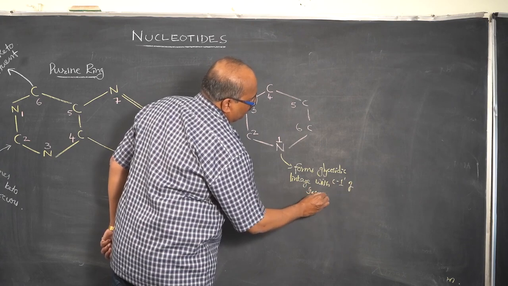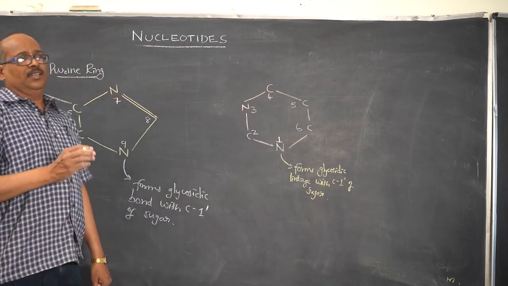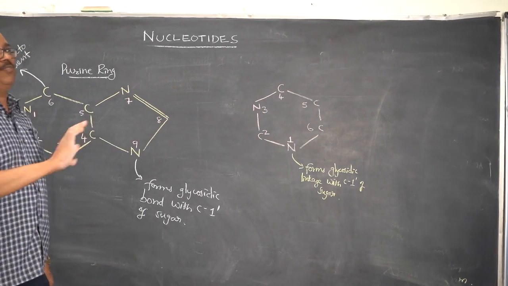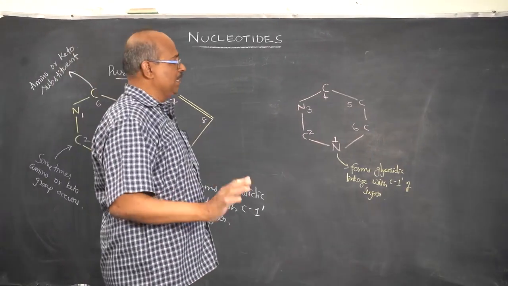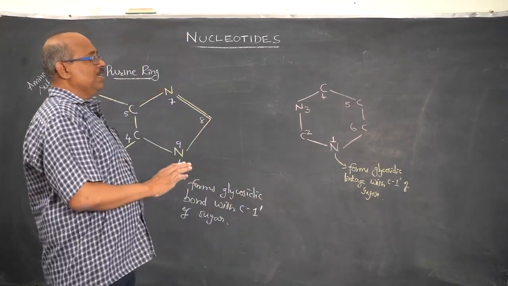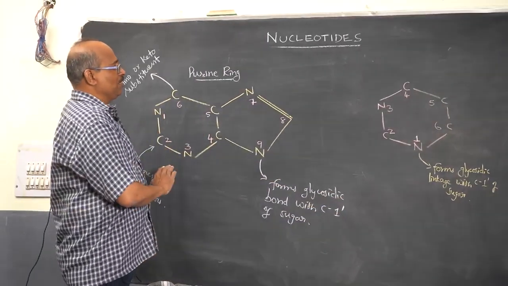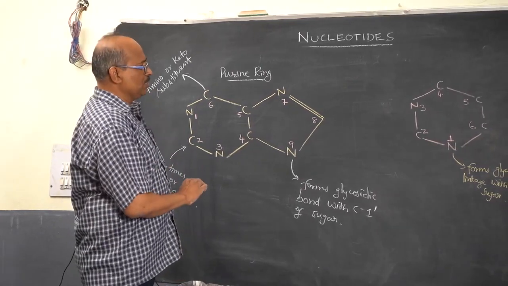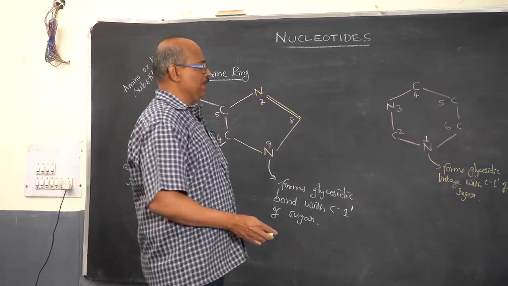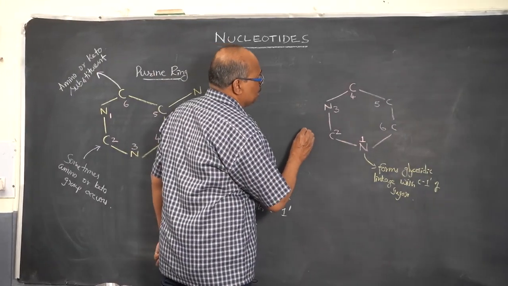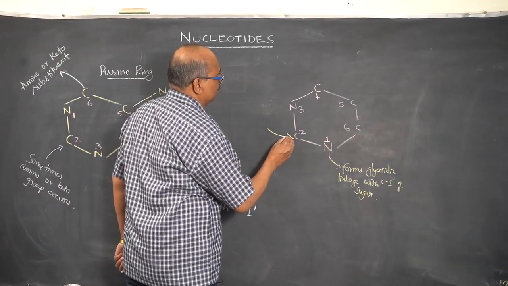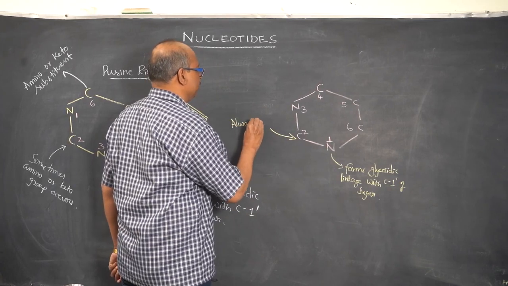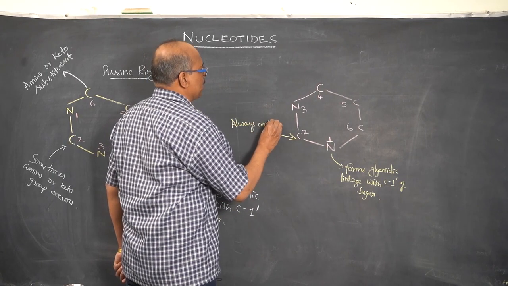So carefully see that in purines and pyrimidines, the sugar's C1 will not be changed in the glycosidic linkage. It is the base nitrogen that will be changed. It is 9 in the case of purines, 1 in the case of pyrimidines. This position always contains a keto group. There is no exception.